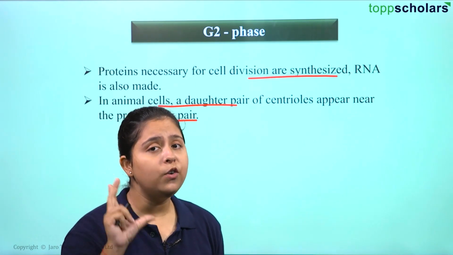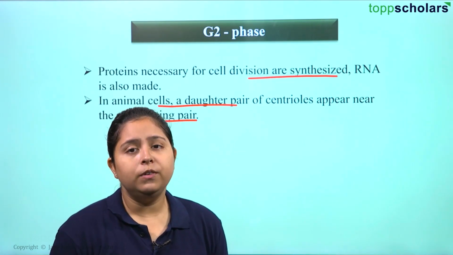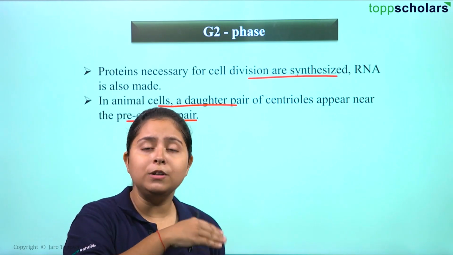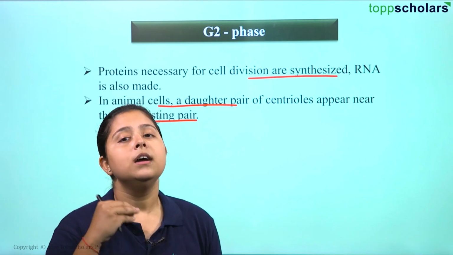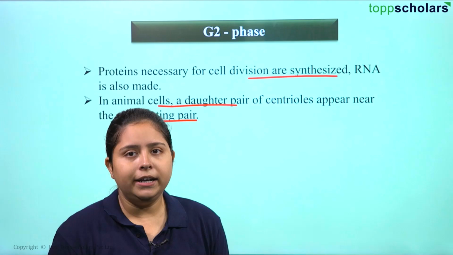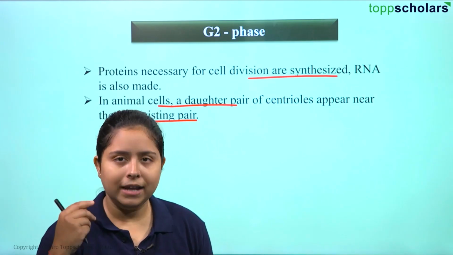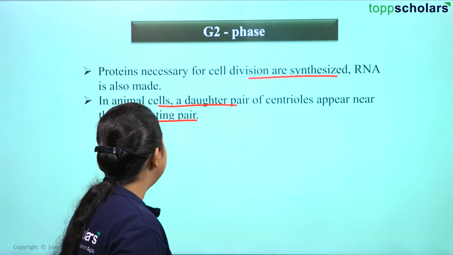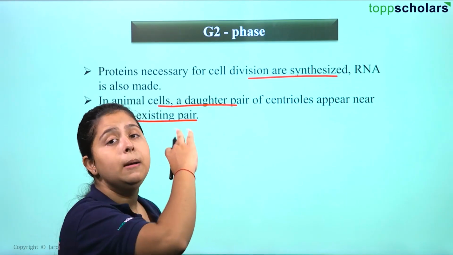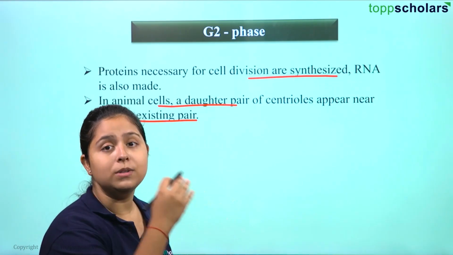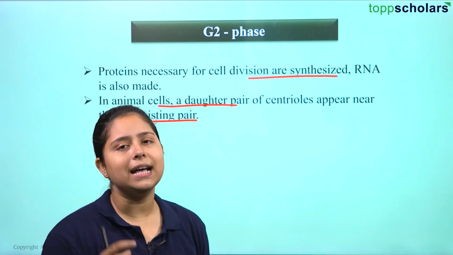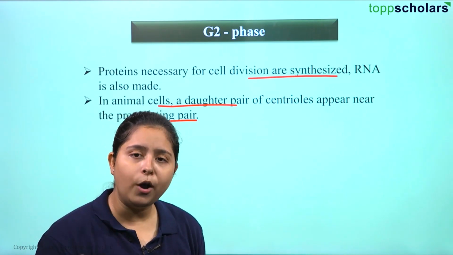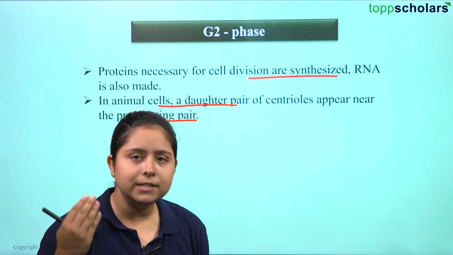This is the case for one cell, but after the division we will require two pairs of centrioles at each pole, so that they can be separated properly in the two daughter cells. Hence, centrioles also appear near the pre-existing pair in animal cells. Plant cells don't have centrioles. Please remember this key distinguishing point between animal and plant cells.